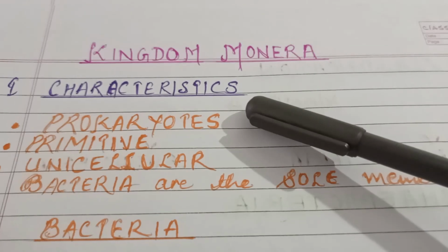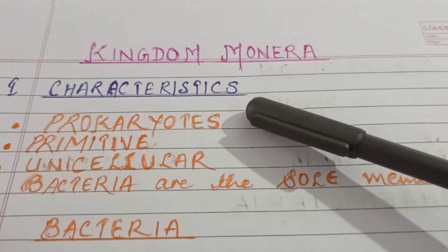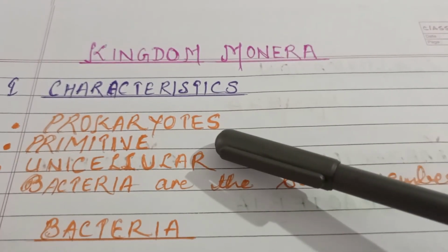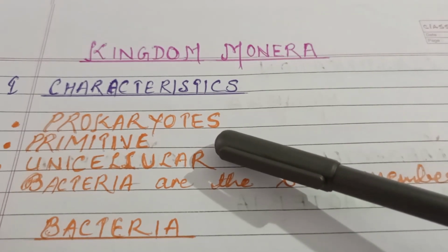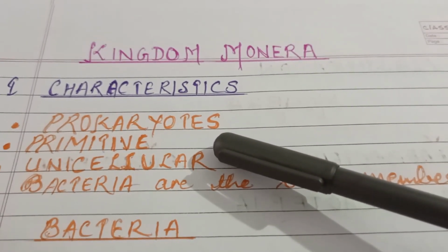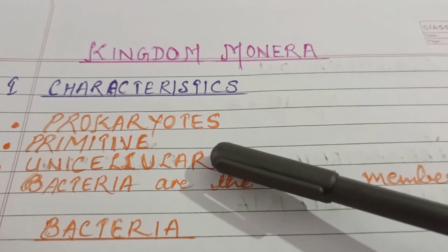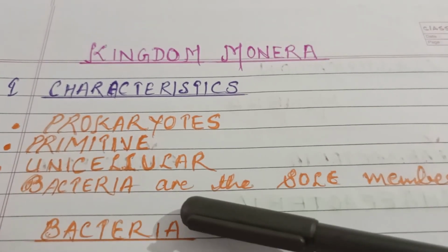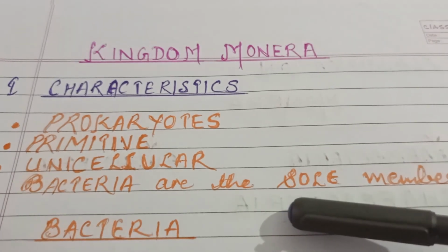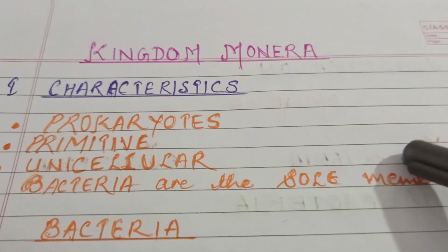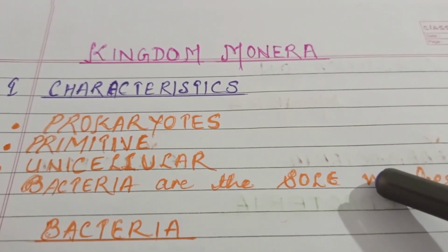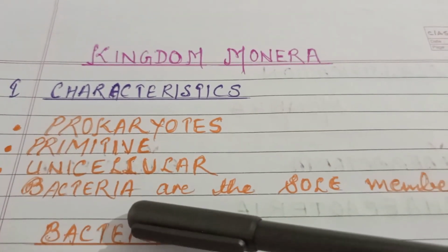They are prokaryotes, means they do not have a true nucleus. They are very primitive, means they are very simple, earliest occurred organisms, very ancient. Unicellular means the body is made up of a single cell. And what is important? Bacteria are the sole members. Bacteria are the only members of this kingdom, means this kingdom includes bacteria.